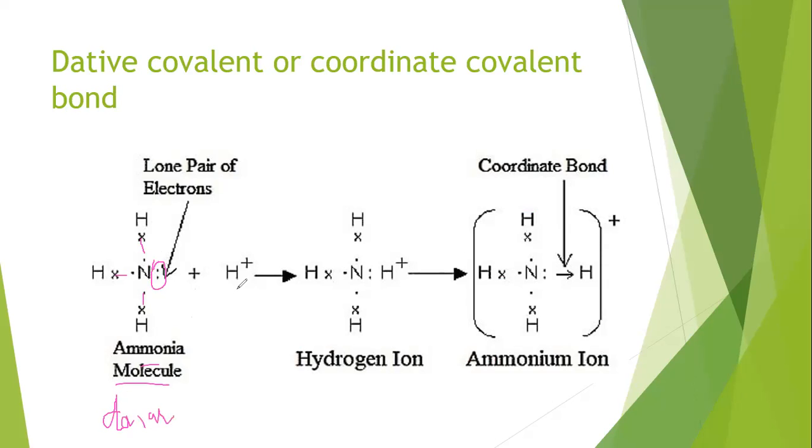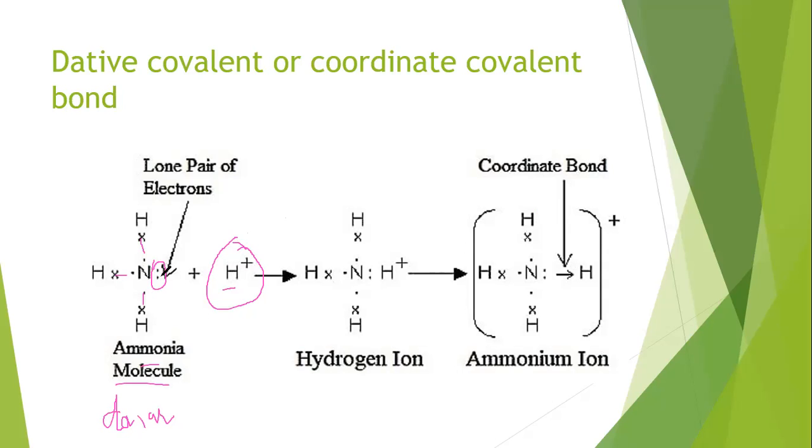Here you can see the proton, the H positive ion, which lacks an electron. As we know, hydrogen has 1 electron, but this positive charge represents that the hydrogen has no electron. The 1 electron is lost by this hydrogen, so this is now a proton.